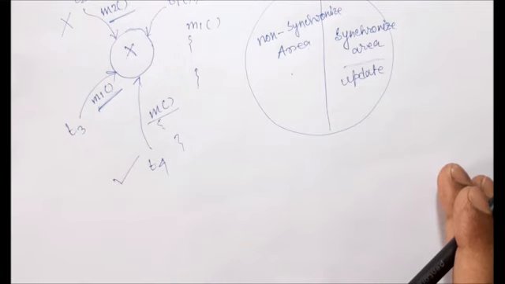and we can implement thread synchronization by using a synchronized block or by using a synchronized method. So we can synchronize only a method or a block, but not a class, not an instance variable.